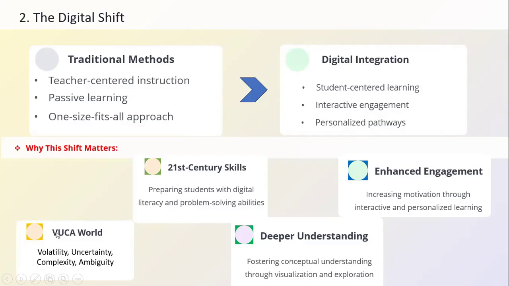In VUCA, V stands for volatility, U stands for uncertainty, C stands for complexity, and A stands for ambiguity. So the VUCA world means the world and society that we are living in right now is full of volatility, uncertainty, complexity, and ambiguity, right?